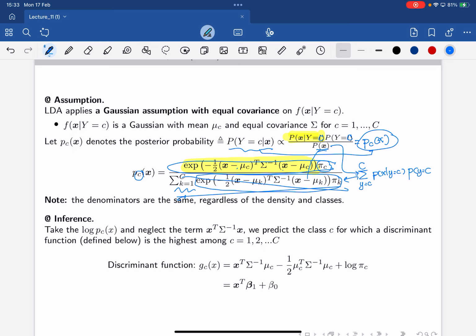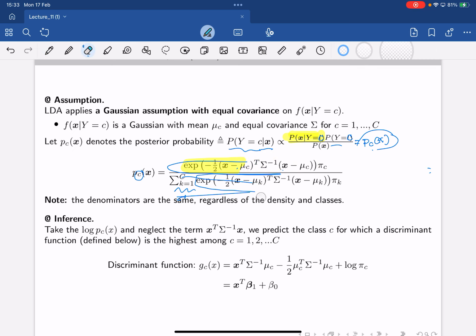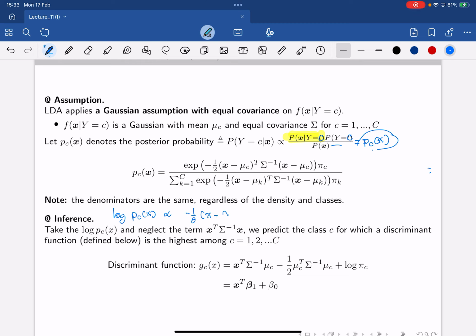We take the log. It will be 1 over 2 times X minus mu C transpose sigma inverse X minus mu C, plus log of pi C.